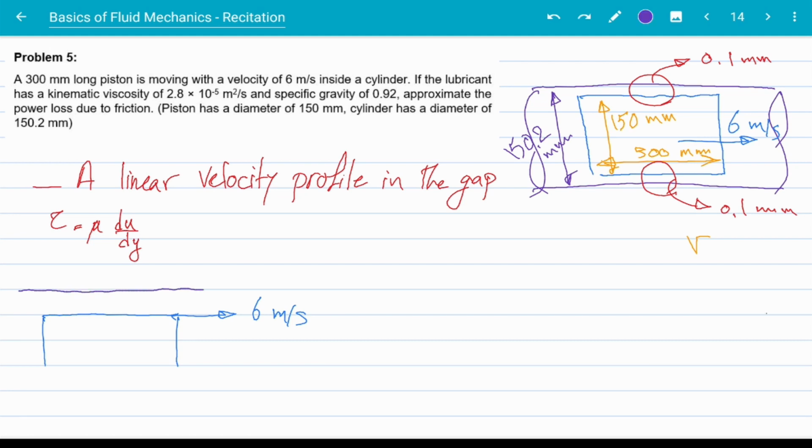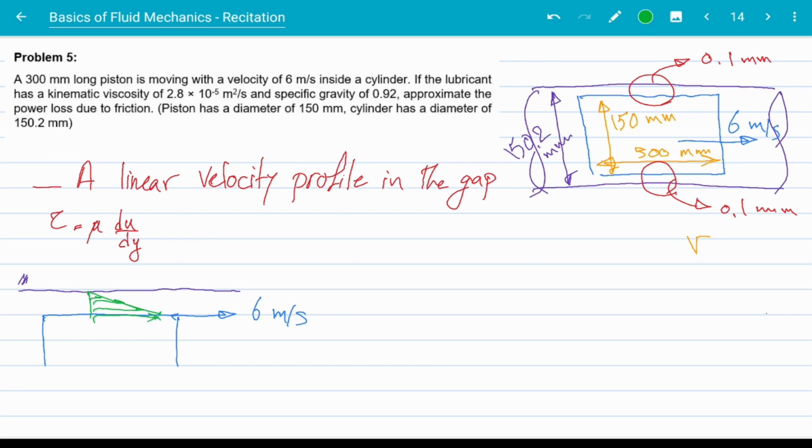And then I have the wall of the cylinder, which is stationary. And again, I can assume a linear velocity profile in the gap because the gap dimension is relatively small compared to the other dimensions of the problem. So I am again looking at a velocity profile that looks like this.